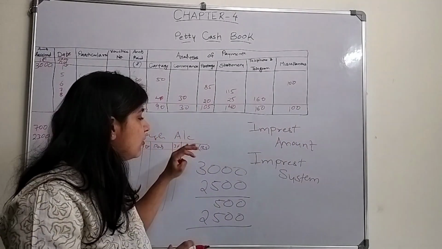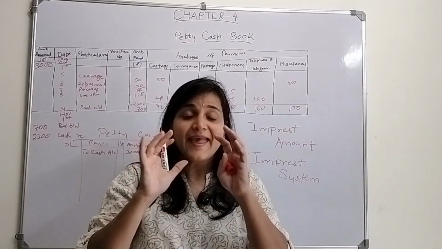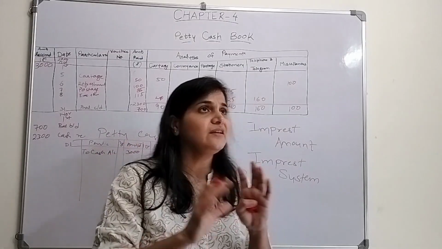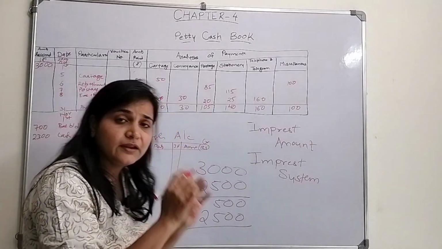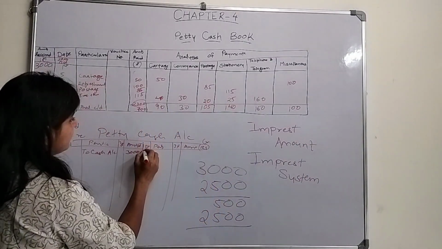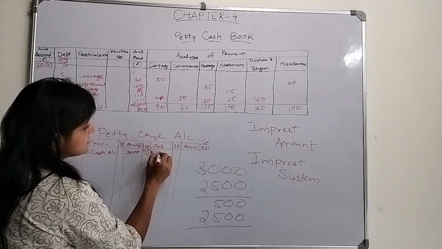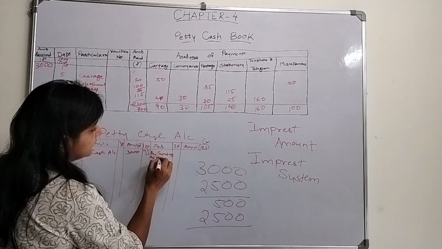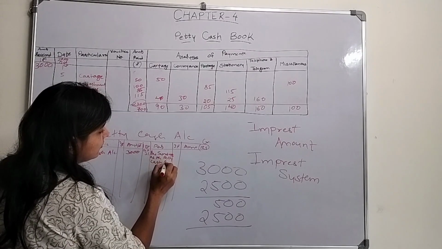Now at the end of the month, all the expenses are incurred. What will we write on the credit side of the petty cash account? Sundries as per petty cash book. Sundries means all these small things we have added. It is 2,300 at the end of the month, October 31st, by sundries as per petty cash book.